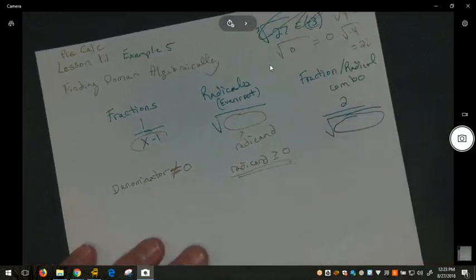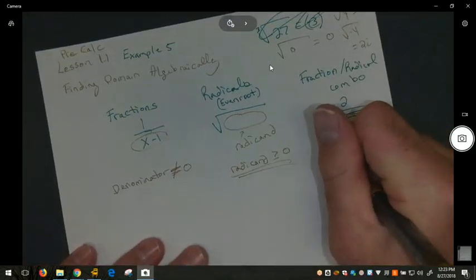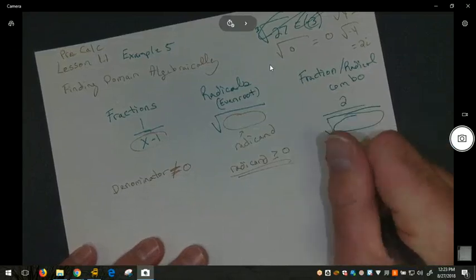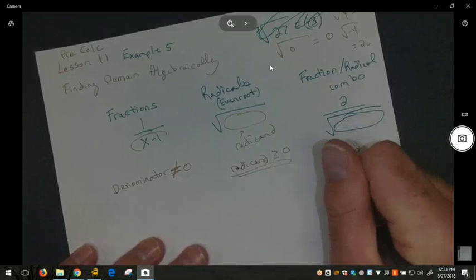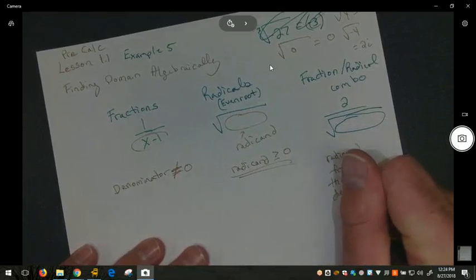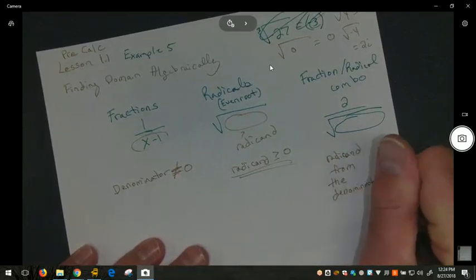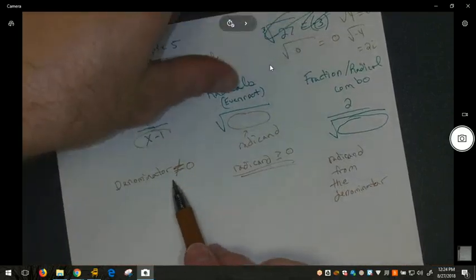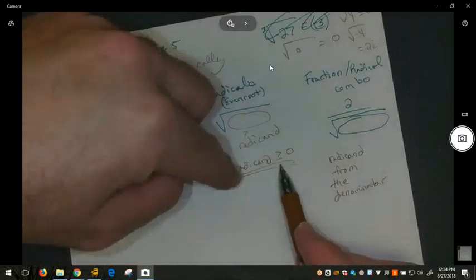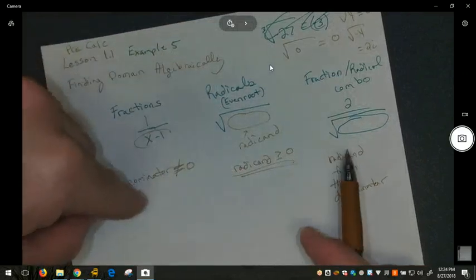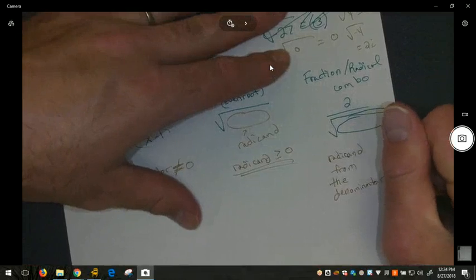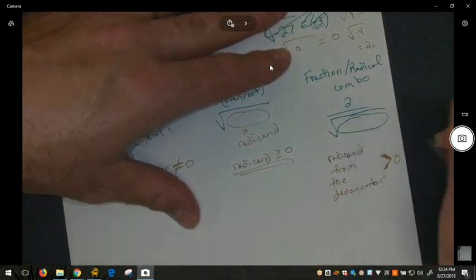So in this case, the radicand from the denominator, we can see that it can't be equal to 0, and the radicand has to be greater than or equal to 0, but because it's a denominator, it cannot equal 0, therefore it must be strictly greater than 0.